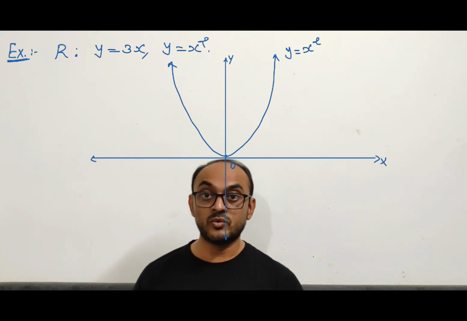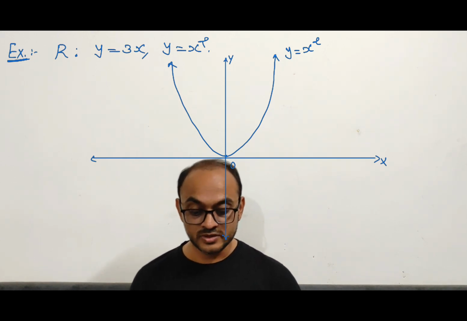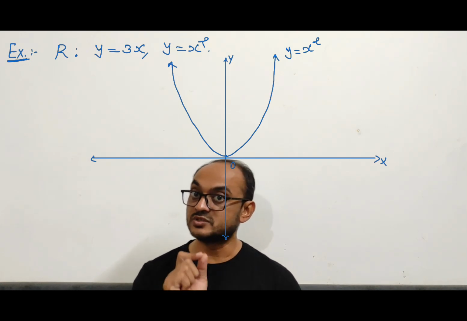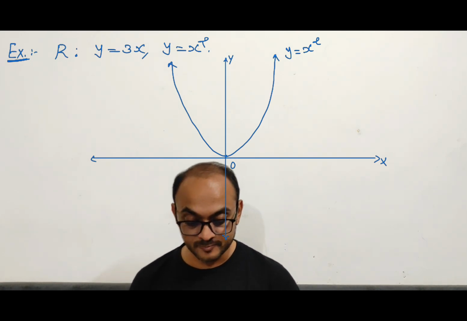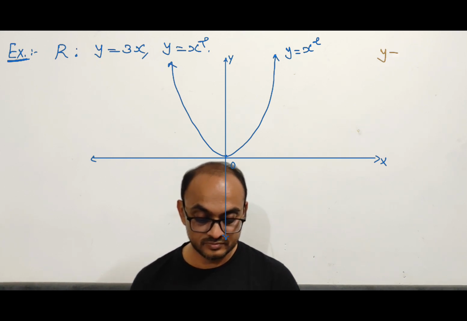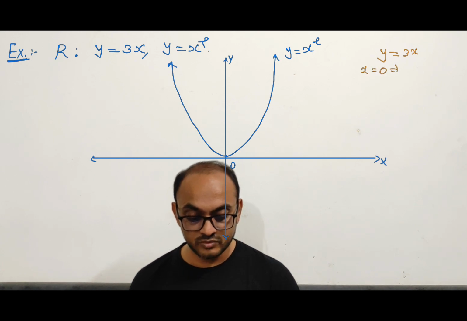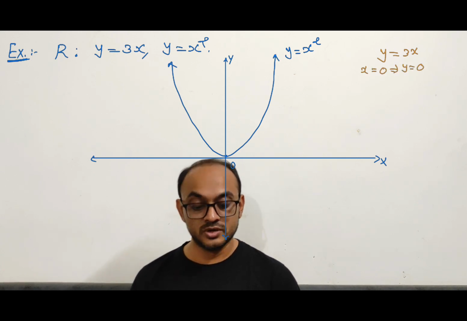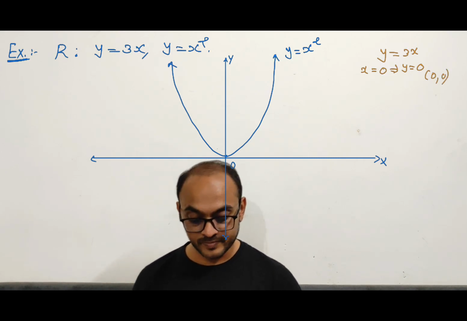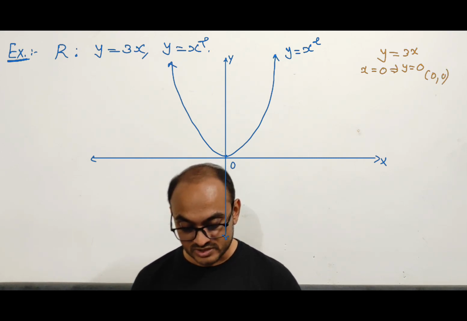Then the line y is equal to 3x passes through two points. One is when x is equal to 0. So y is equal to 3x, and when x is equal to 0, y is equal to 0. So it passes through one point, the origin 0, 0.